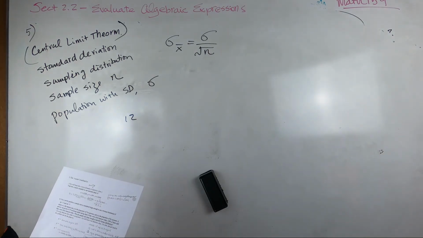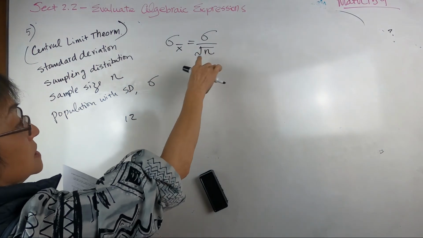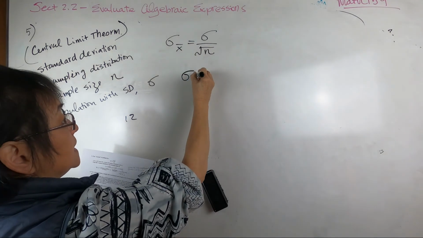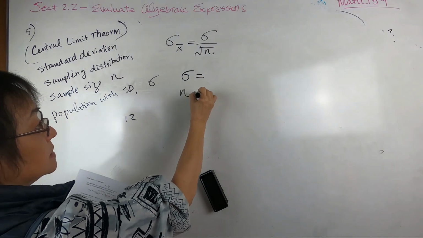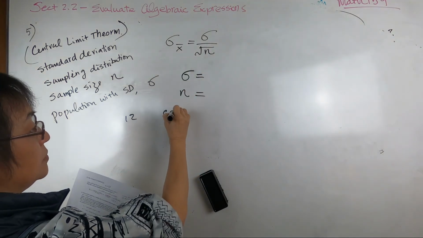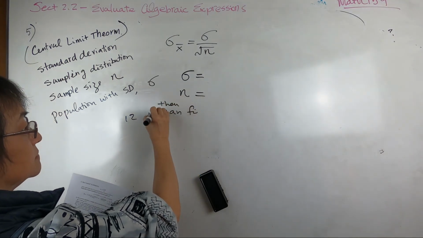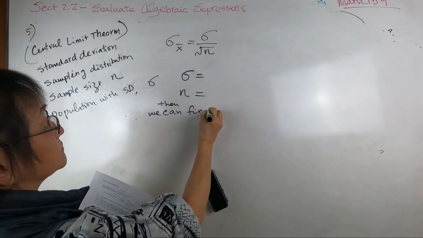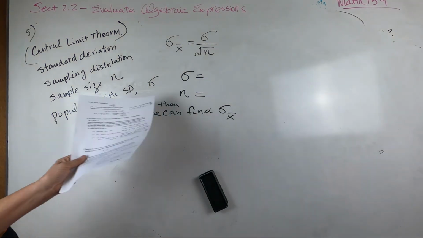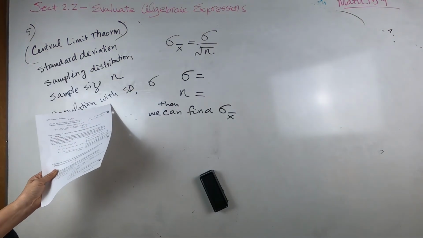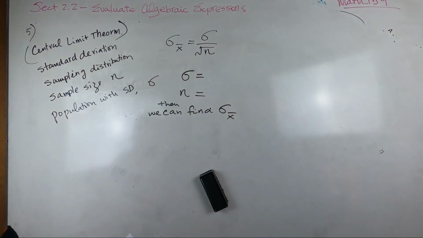So for what we want to find, first we have to identify what is sigma and what is n. Then we can find it. You have to identify with all the words, with this formula, with the numbers, right?